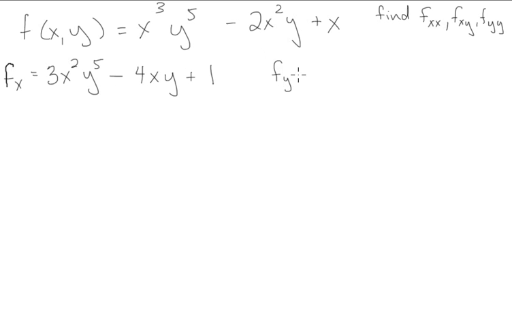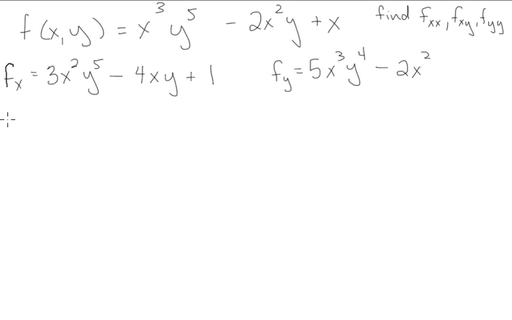I take the partial with respect to y. My x cubed is a constant. I bring down the 5. I get 5x cubed y to the 4th, minus the 2x squared is a constant. The derivative of y is 1, so I just have 2x squared, plus 0 because there's no y in that third term.